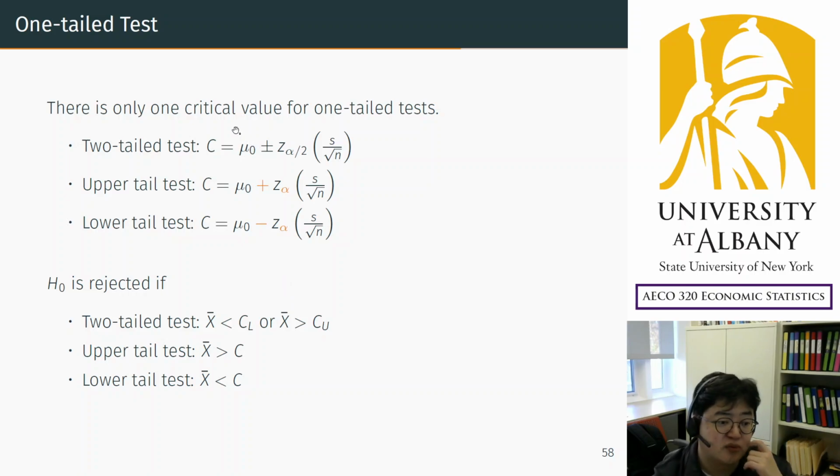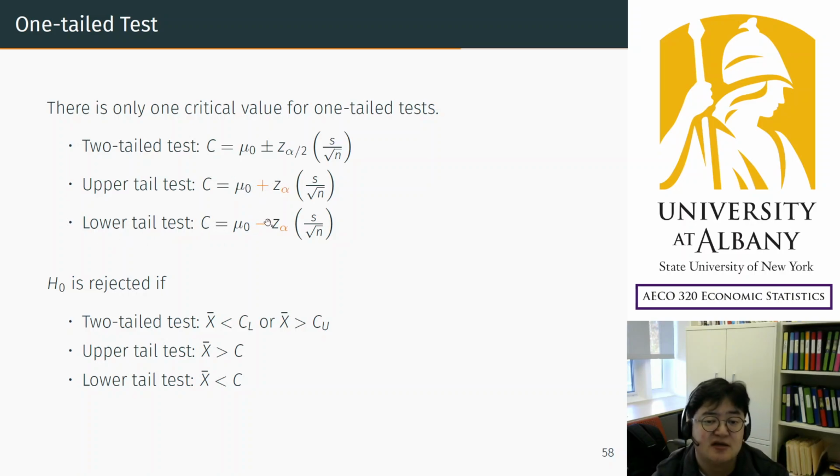Finally, the critical value approach. Critical values were given like this: your belief plus or minus something multiplied by the standard error. The first difference is the direction. You have to determine the sign. And also alpha over 2 is replaced by alpha. Everything else is the same. So when you have an upper tail test, you have to set the critical value greater than your belief, so belief plus something.